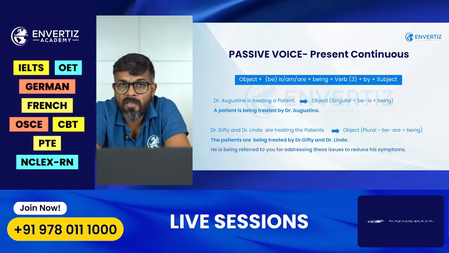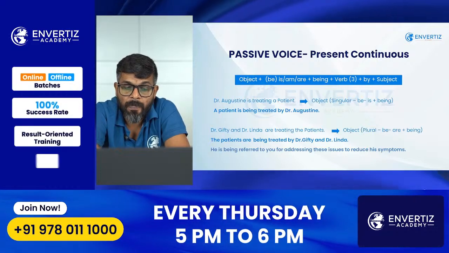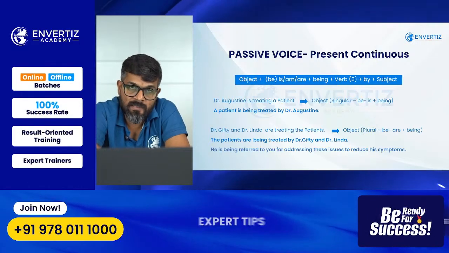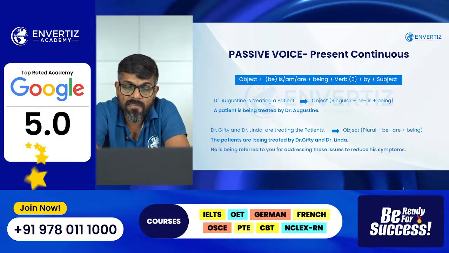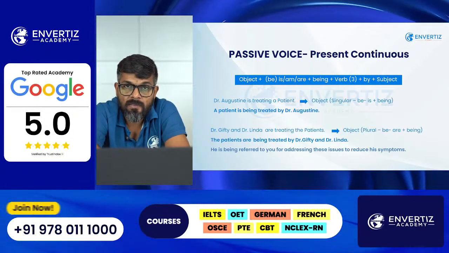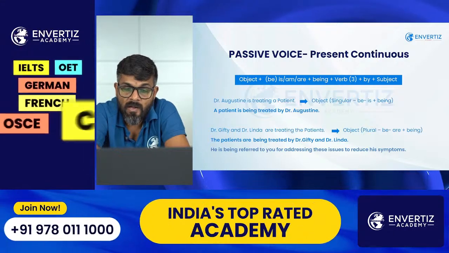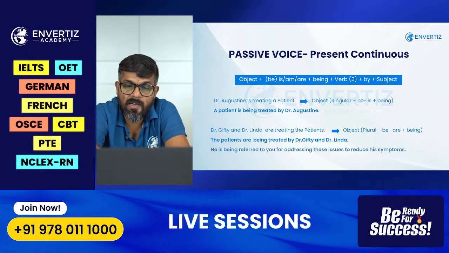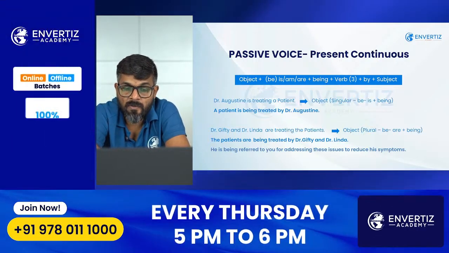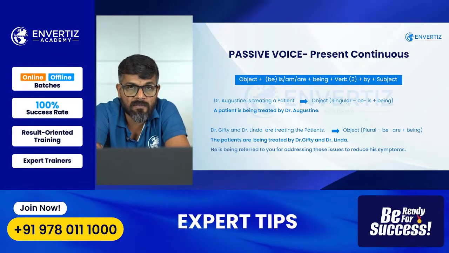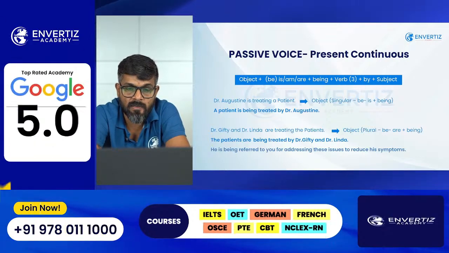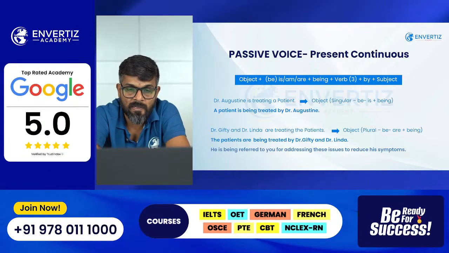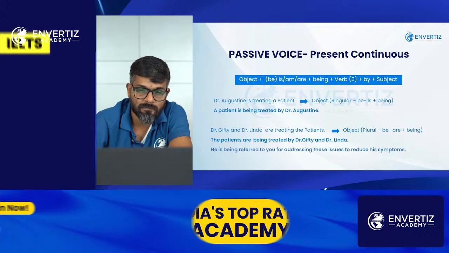Now if the object is plural, the patients are being treated. For the simple present it is the patients are treated. When it comes to the present continuous, you have to say the patients are being treated. If you have pen and paper, please make a note. The format is here. See the screen.